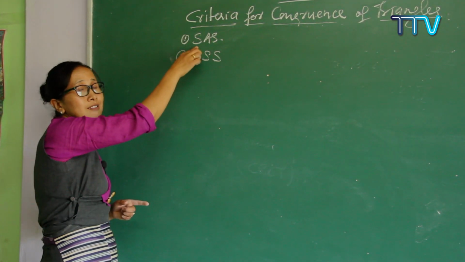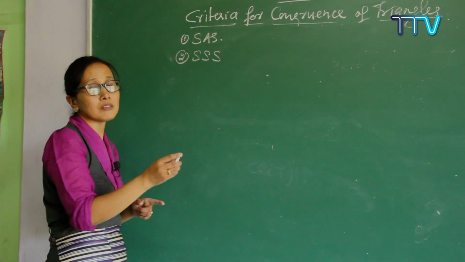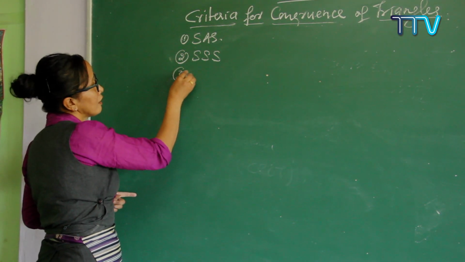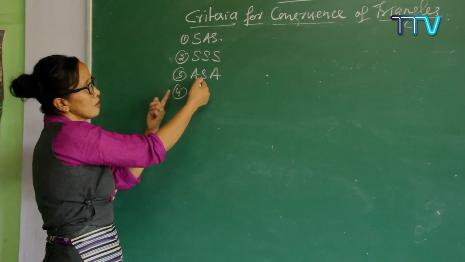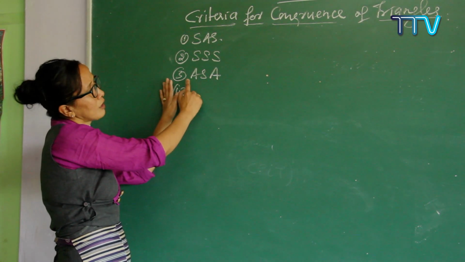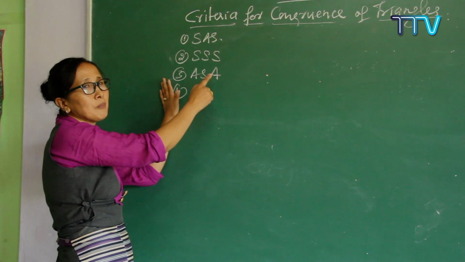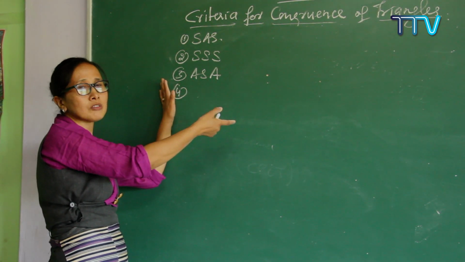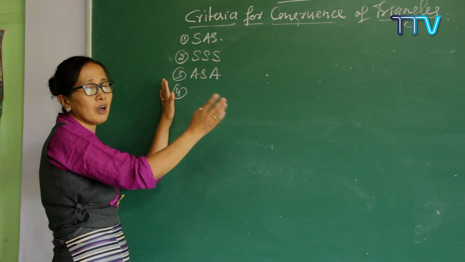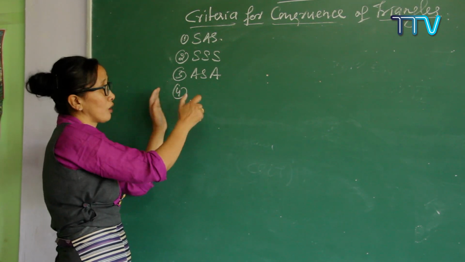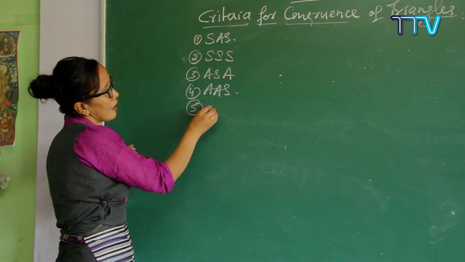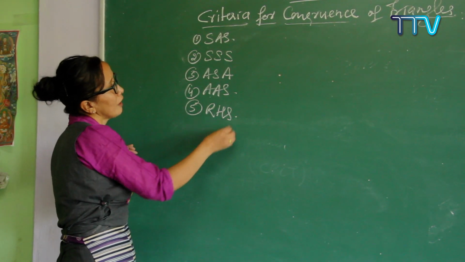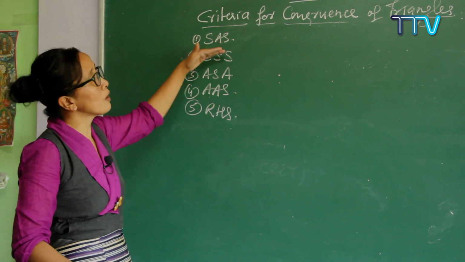S stands for side and A stands for angle. The third one is angle side angle, and the fourth is similar. Most of the time students write only this one, but I'm going to write it differently to get you more clear and tell you the difference between those two. So angle angle side, and the last one is RHS. Now let me do them one by one.